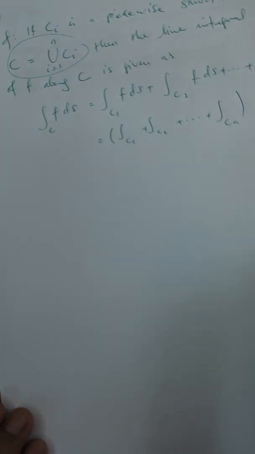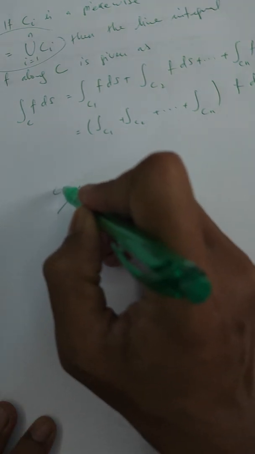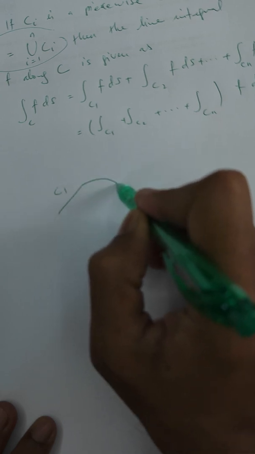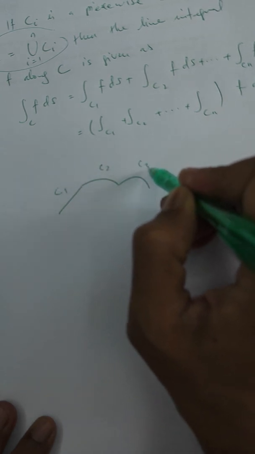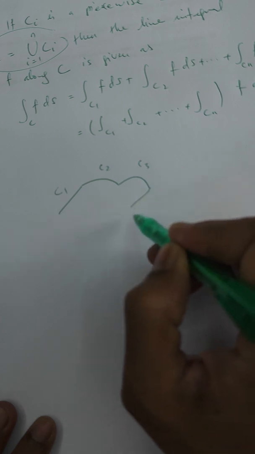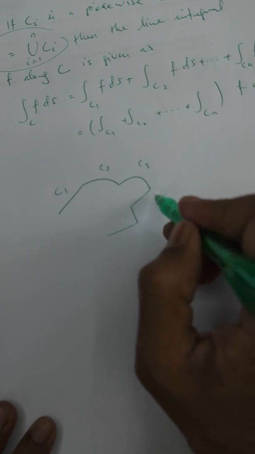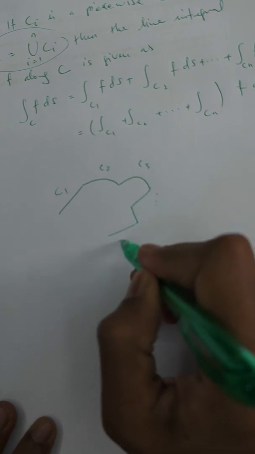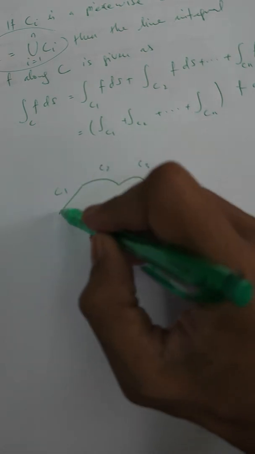This curve means that you have a piecewise smooth, or smooth part by part, curve. Let's say this is C1, we have C2, C3, C4, and so on up to Cn.